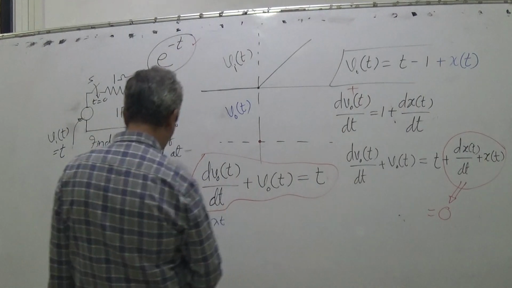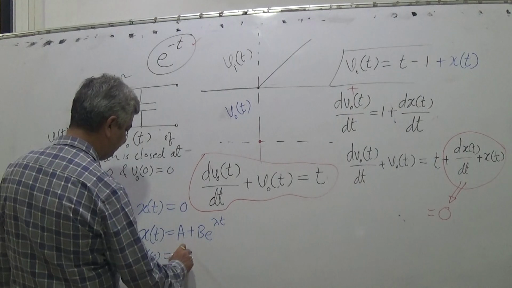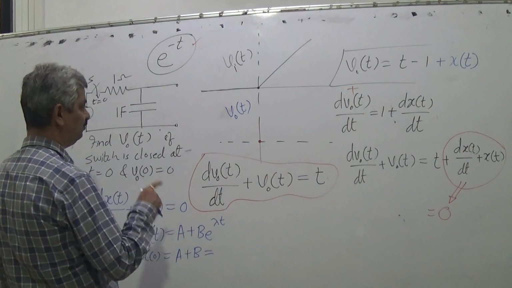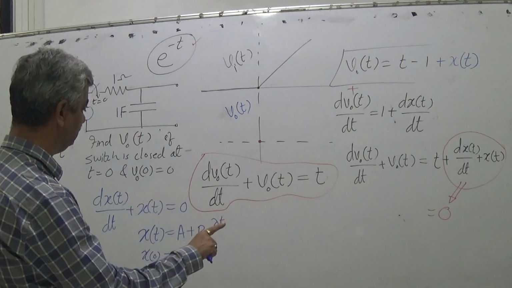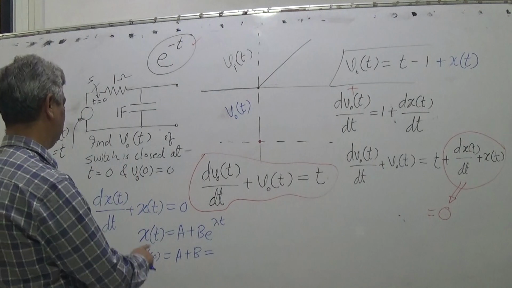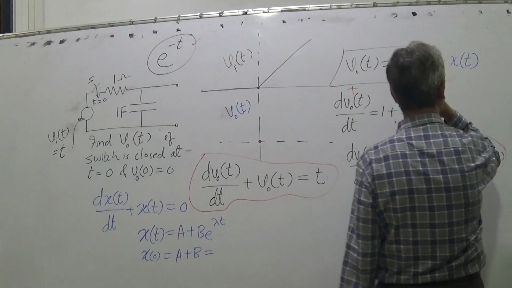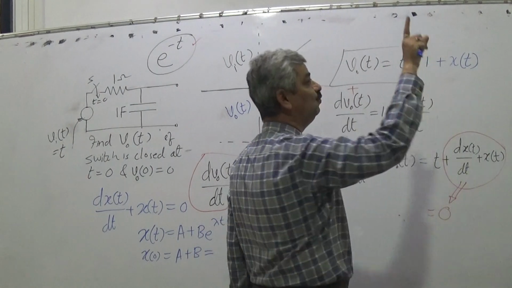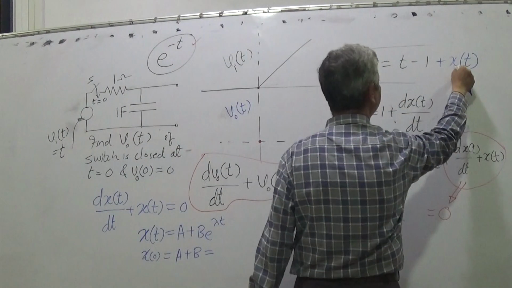So at x0, this is a plus b, and that is what you want. What you want here, at t equal to 0, this is 0. So vt is minus 1. You want output to be 0, so you want xt to be 1.